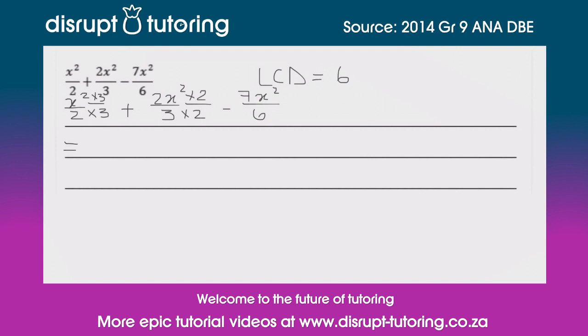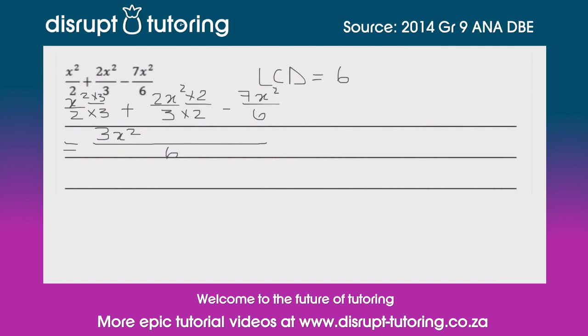Right, so now, as a result of all of that, I've turned this expression into one that has the same denominator of 6. Now, in order to keep everything the same, I need to make sure I'm multiplying by what I've specified in the step above. So I've got x squared times 3, which is going to be 3x squared.